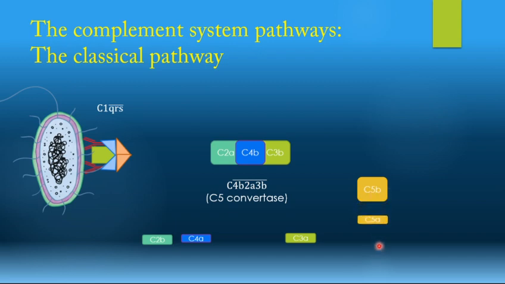The C5a again will work as a chemoattractant, but here the C5b will go and bind to the bacteria itself. And it will continue through the cascade of complement, but we will stop here because all the pathways will reach this point at one point or another. And so we'll stop here, we'll talk about the other pathways, and then we will see how this develops.